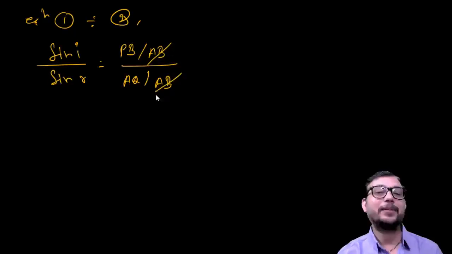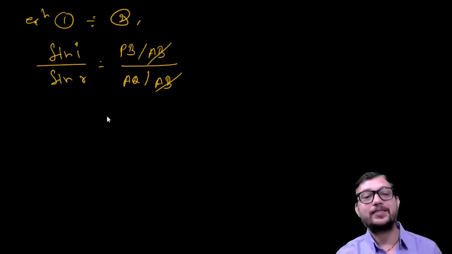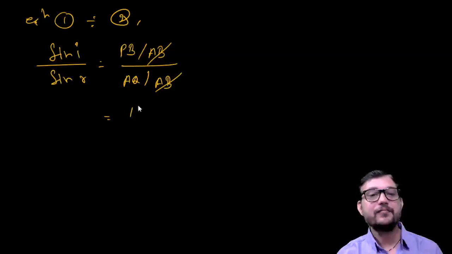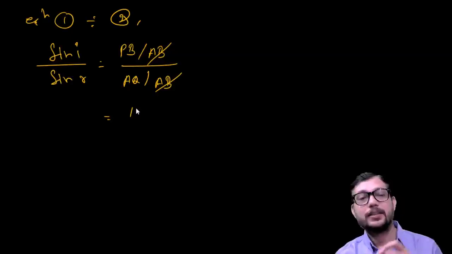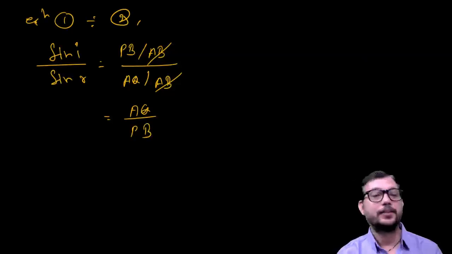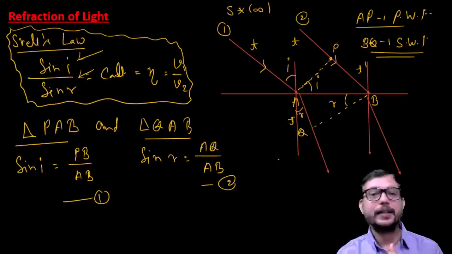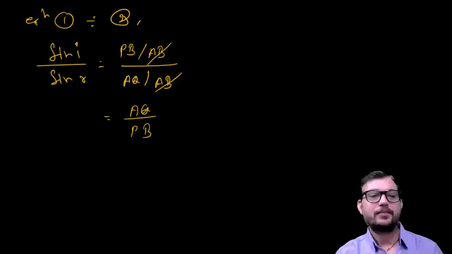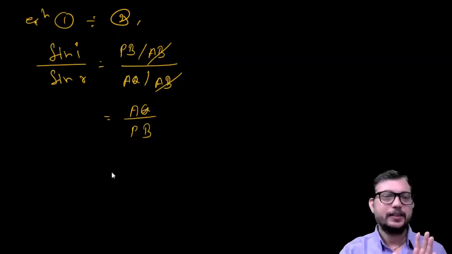So AB and AB cancel out, and we can write that it will be equal to AQ over PB. So where is AQ? AQ is this one, and this one is PB. I hope that it is clear now.